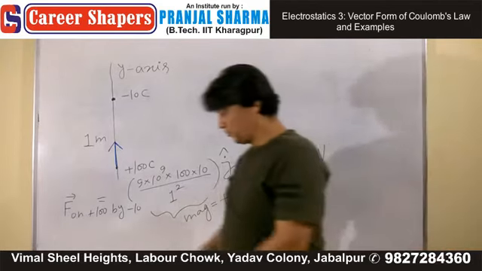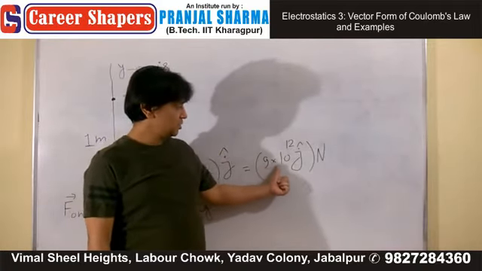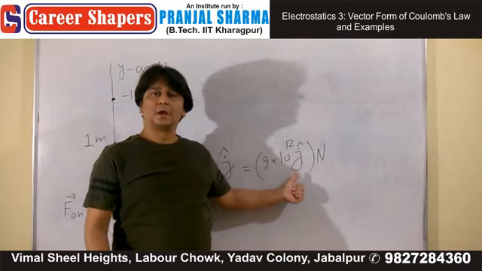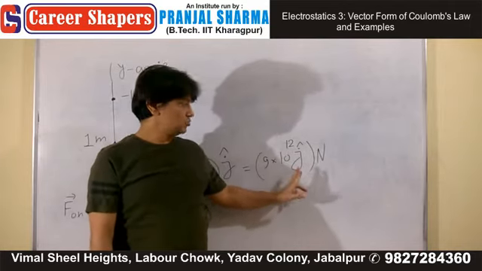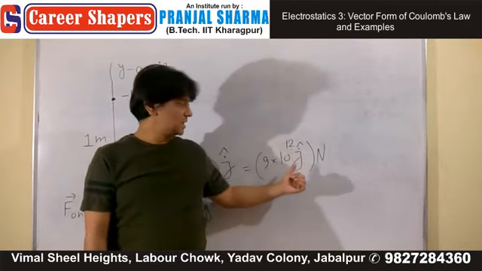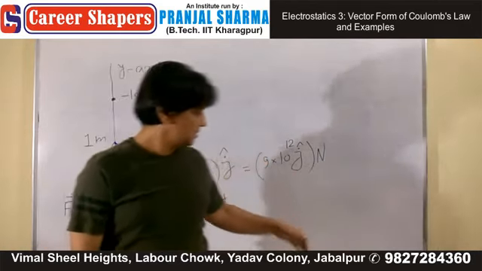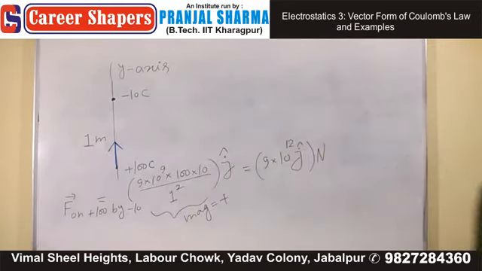This is the force. Magnitude is 9 into 10 to the power 12 and direction is what? J cap. Almost everyone has answered correctly, which is a good thing. I hope you understand the whole part. Those who could not, put down this.